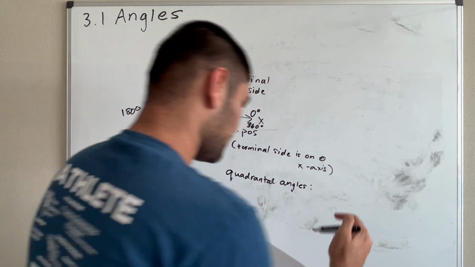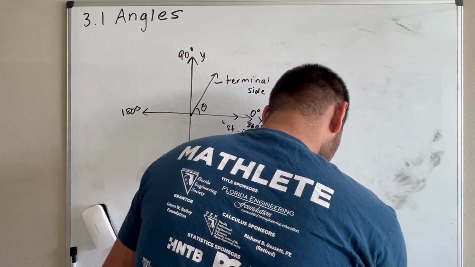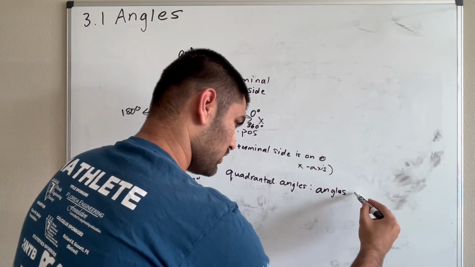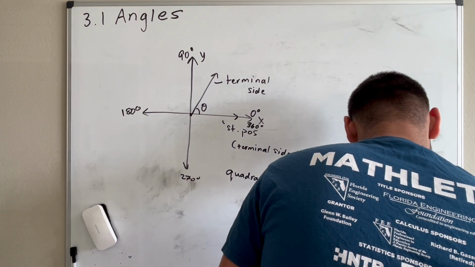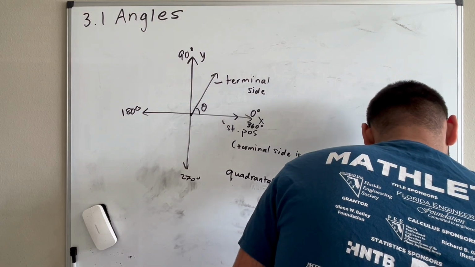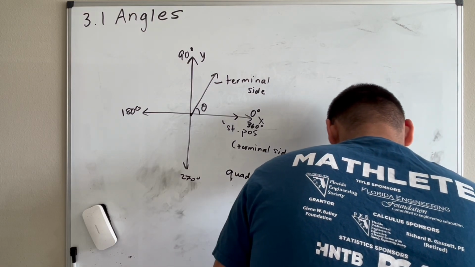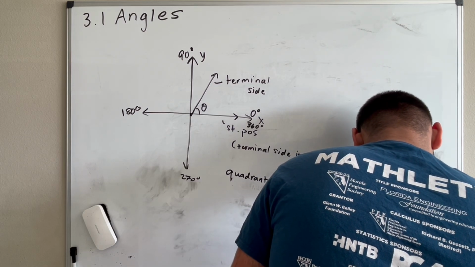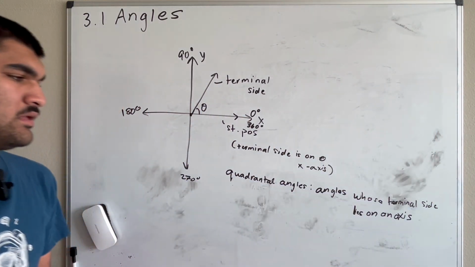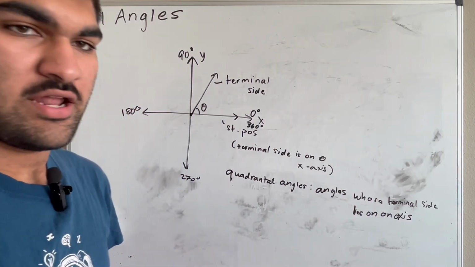Quadrantal angles are basically angles whose terminal side lies on an axis.